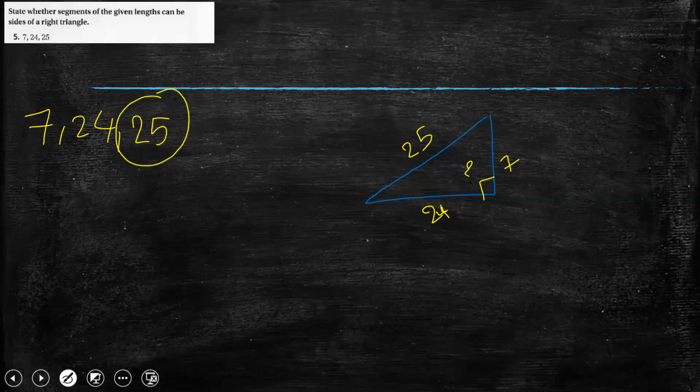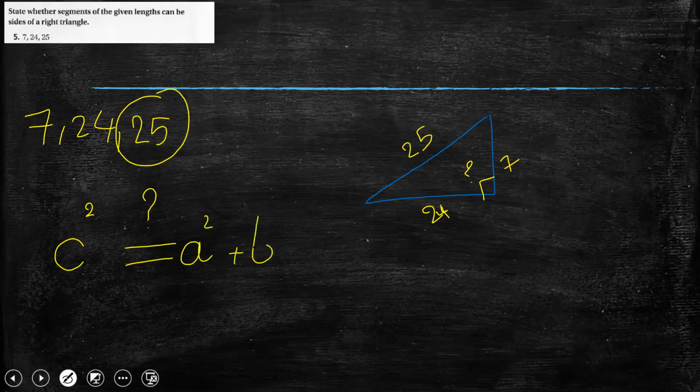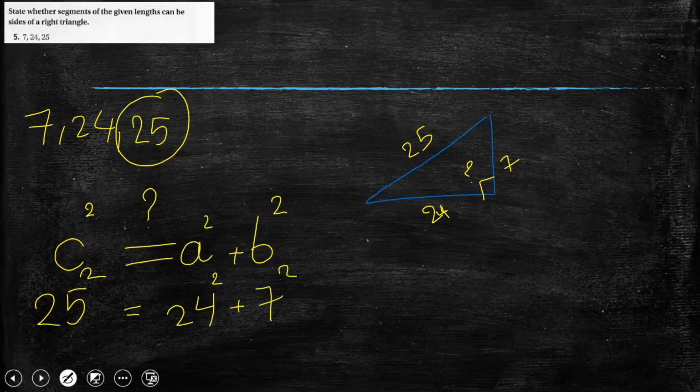What do we have to do? Let's check if c squared is equal to a squared plus b squared. I mean, is 25 squared equal to 24 squared plus 7 squared?